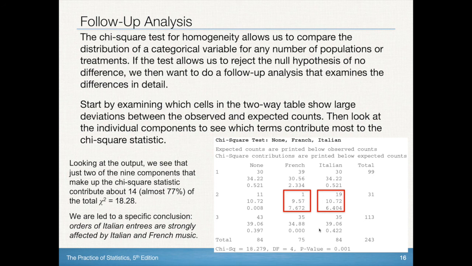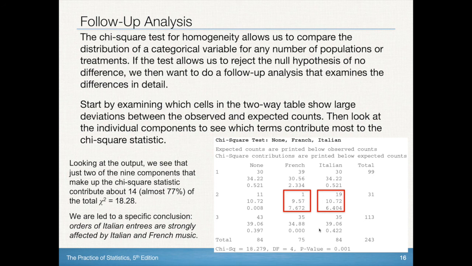And you can see the red box around the Italian entrees when French music is playing and when Italian music is playing. And there is an obvious significant score created by those observations.